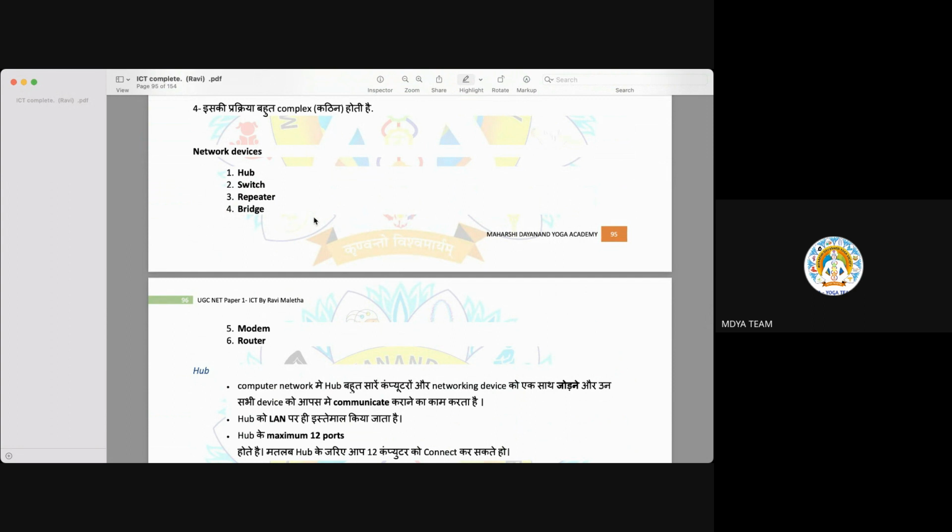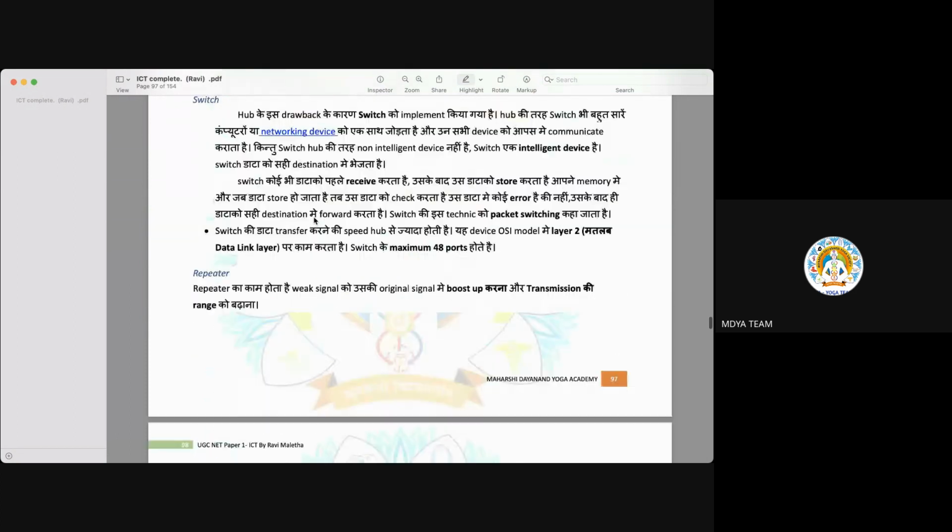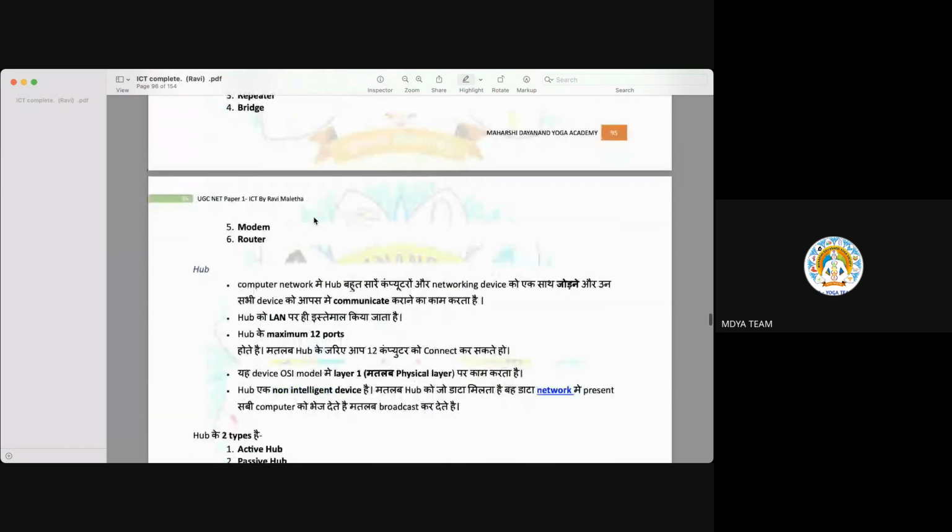The first one is hub. Hub is basically a networking device which is used to communicate with all the devices, and this hub is used on a LAN, local area network.